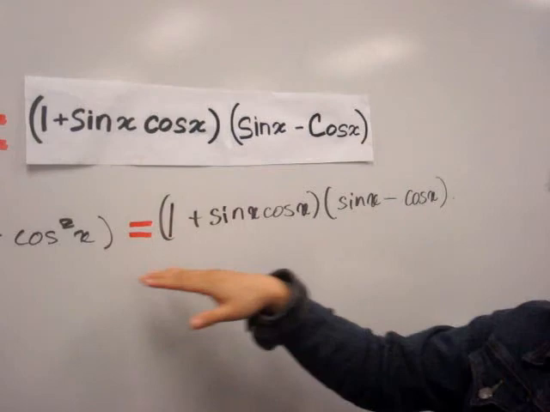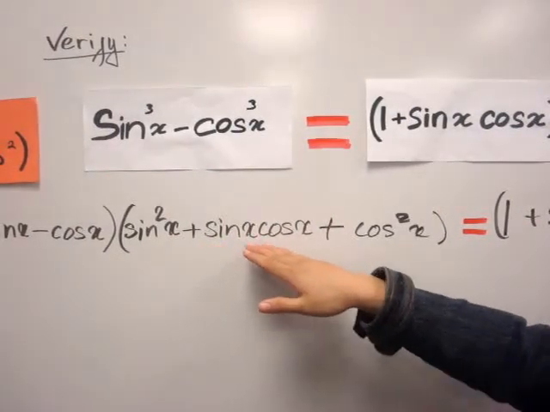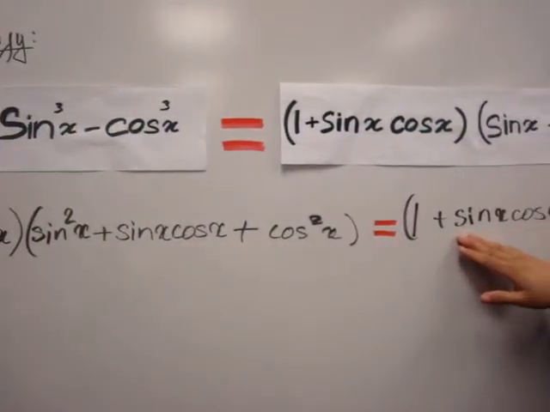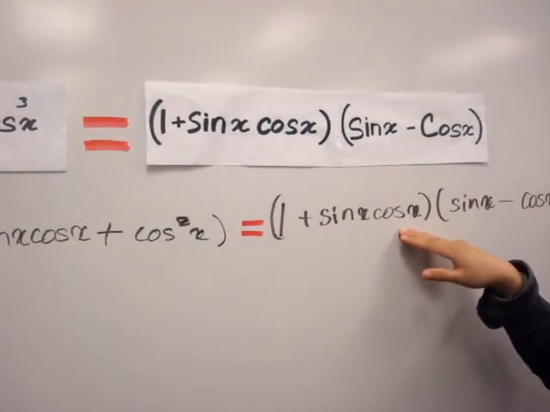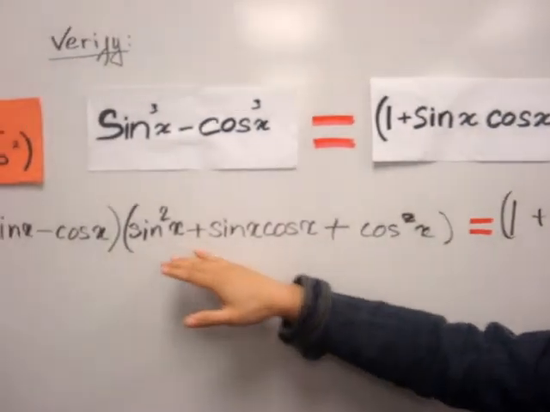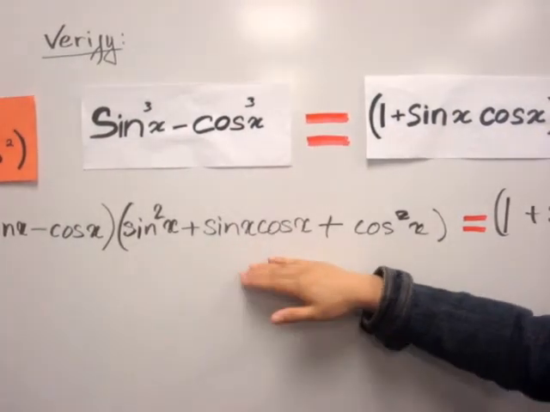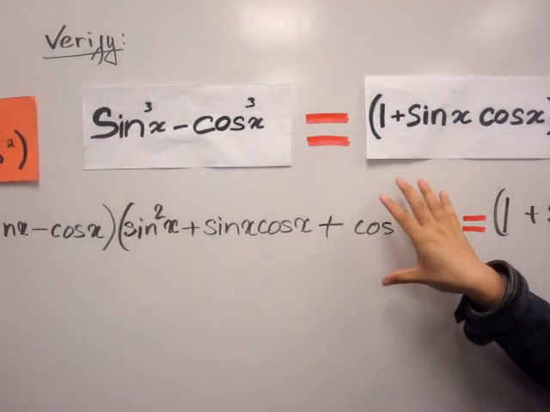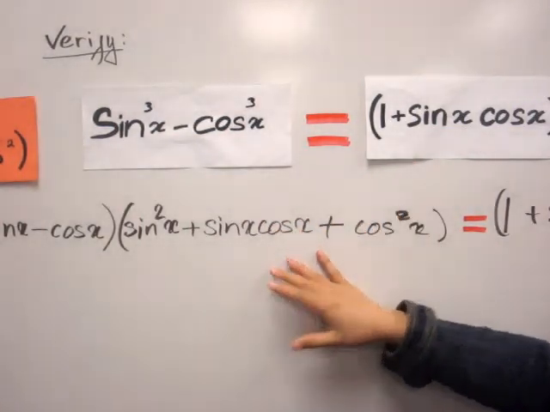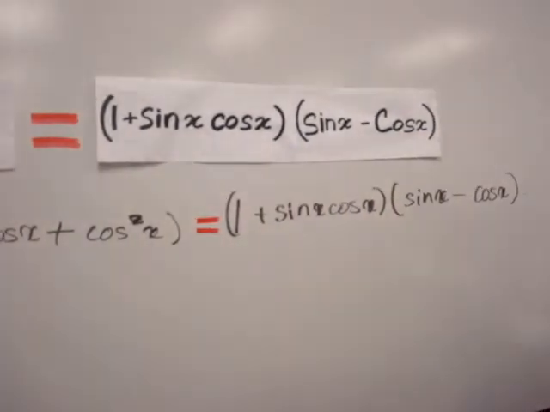And over here we have sine x times cosine x, and on the right side we have sine x times cosine x. We're going to keep sine x cosine x here, and change the rest of the things in the problem to become what is on the right side.